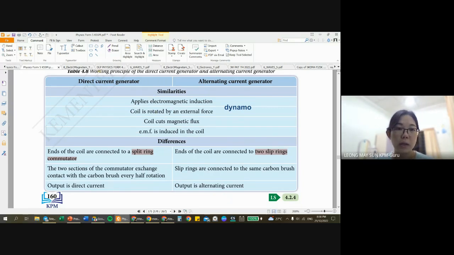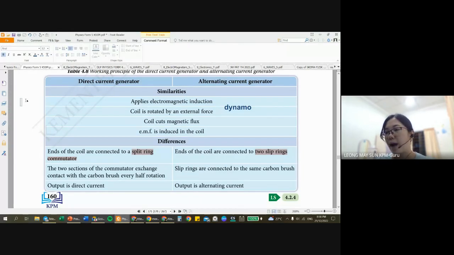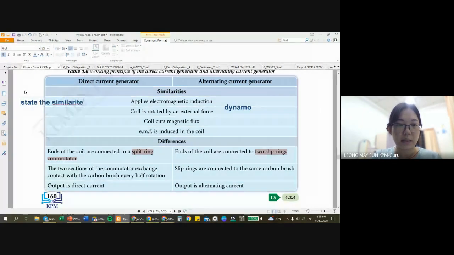So one quick thing, because I noticed some of you in Form 5 can't really understand when the question is asking you to state the similarities and differences for DC generator and AC generator.